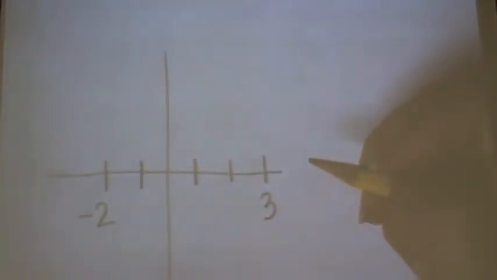Okay, so if I gave you a question on your test, and I use these numbers, let's say I made this the maximum, and this the minimum. Something like that.